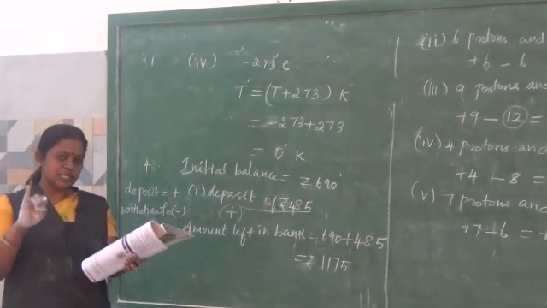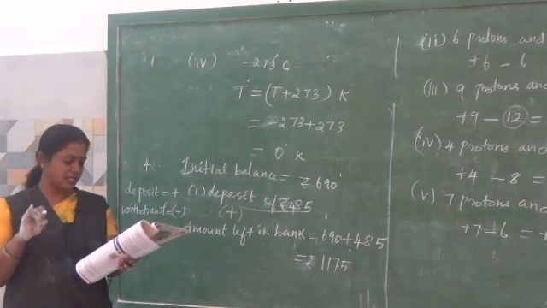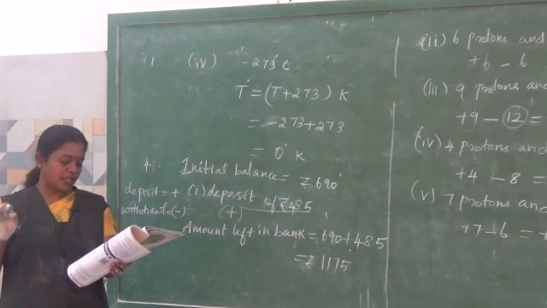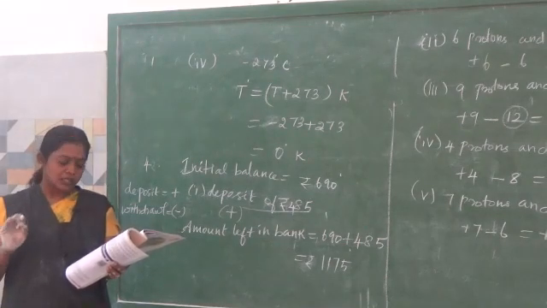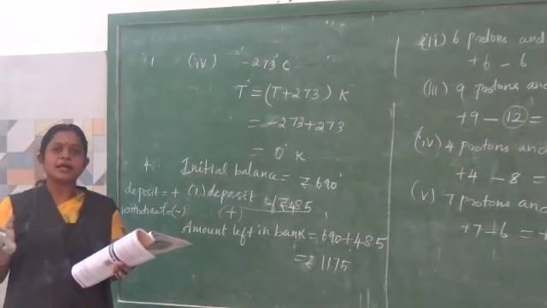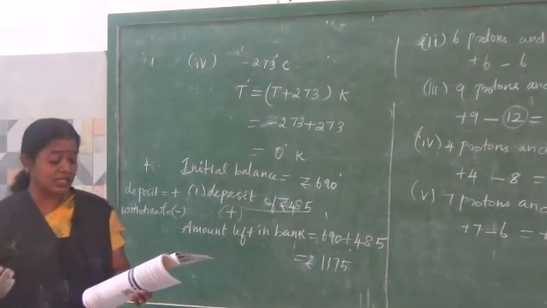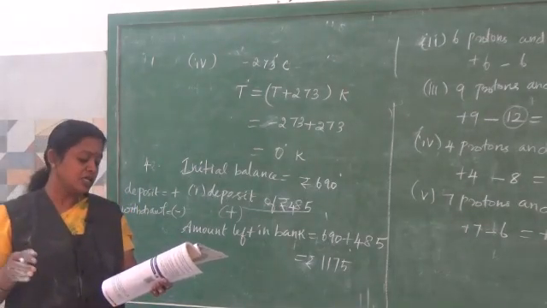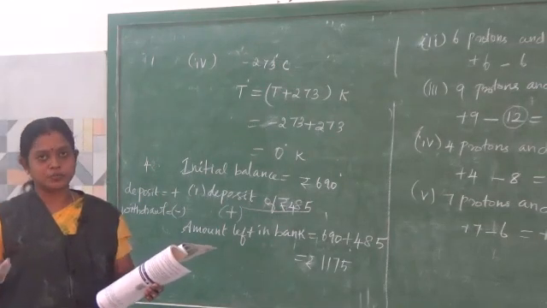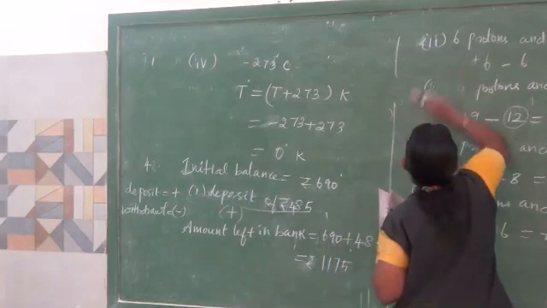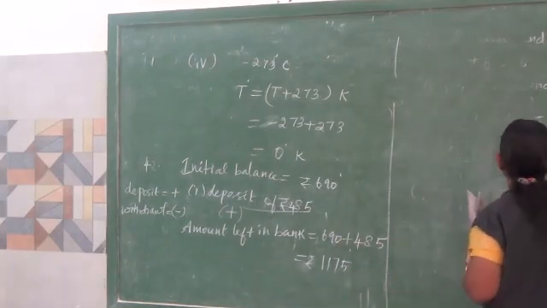First one, he is depositing the amount 485. Second one, withdrawal is 500. The third one, withdrawal is 350. The fourth one, deposit is 89. The fifth option, if another 300 is withdrawn, what would the balance be? So we should find out one step.